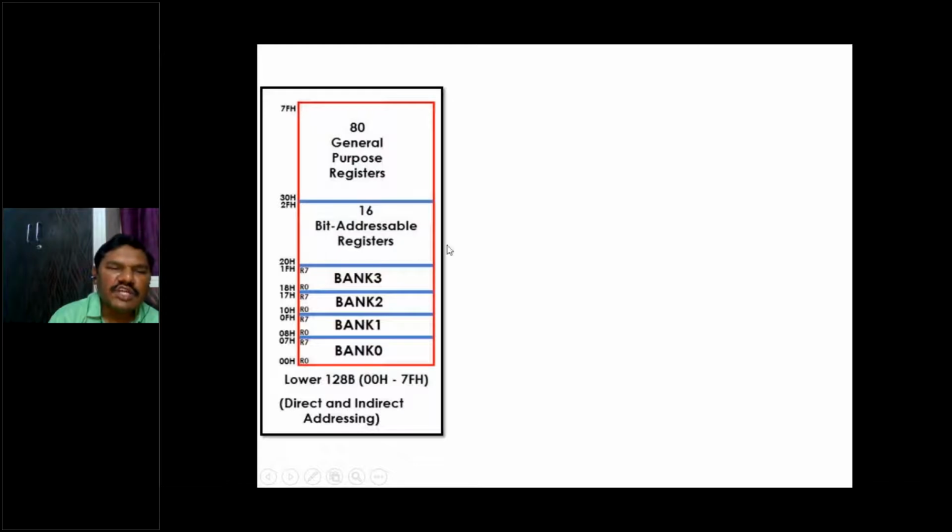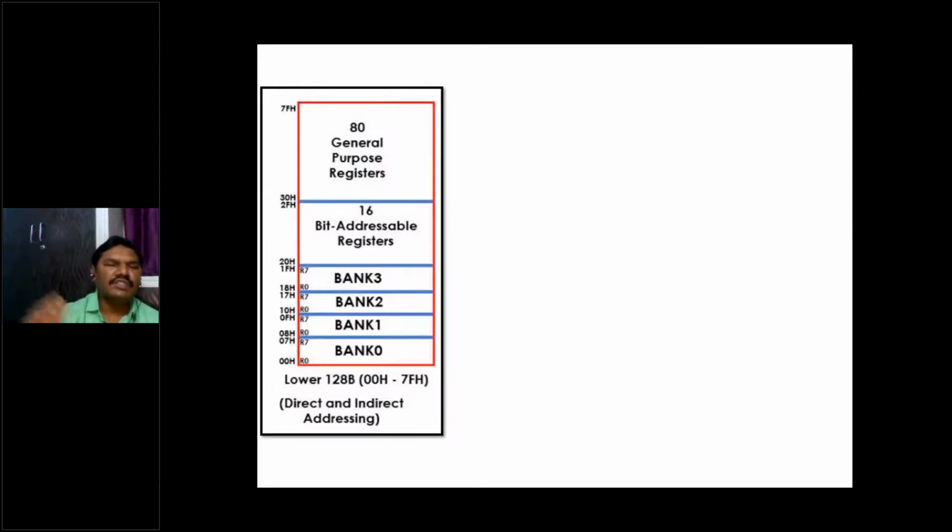Here each register, right, there are 16 registers available, because the difference between 20 and 2F is 16, so 16 are in terms of bit addressable. I can write the program using bit addressable locations. Sometimes we need bit storage. Suppose you're adding two values and a carry is generated.